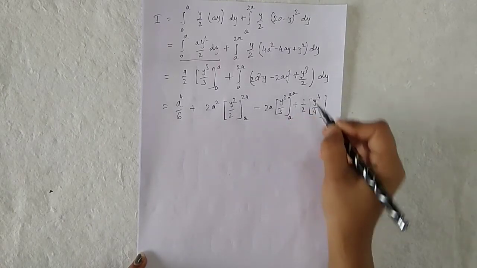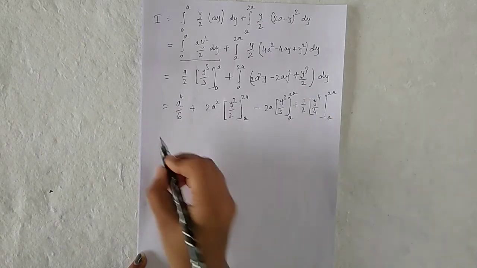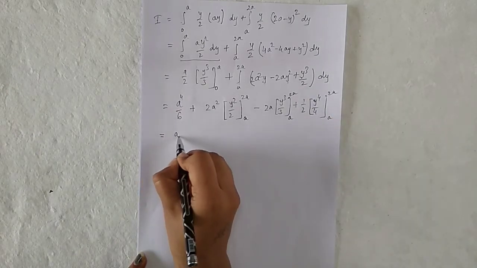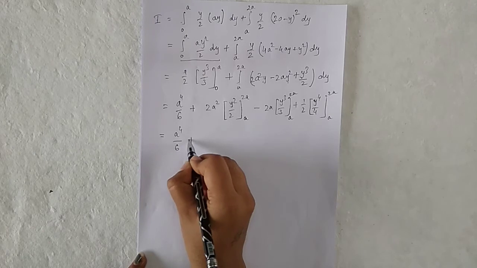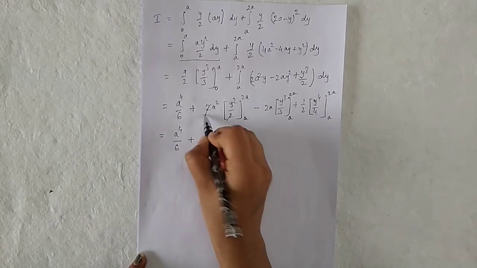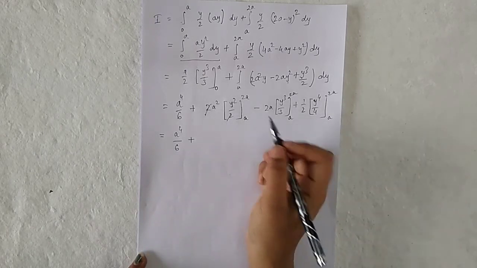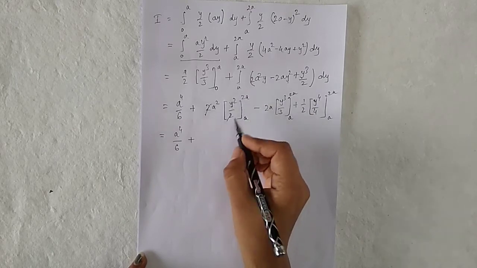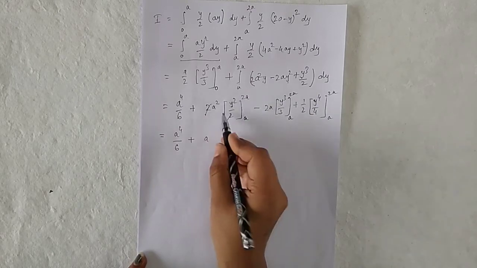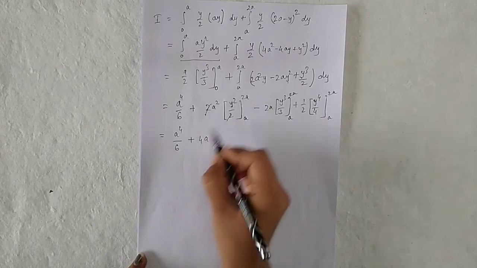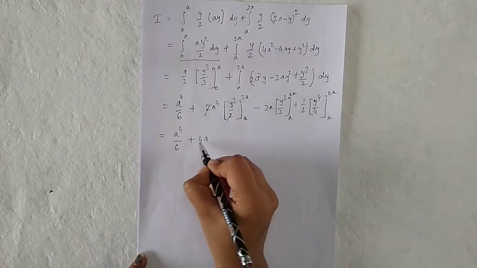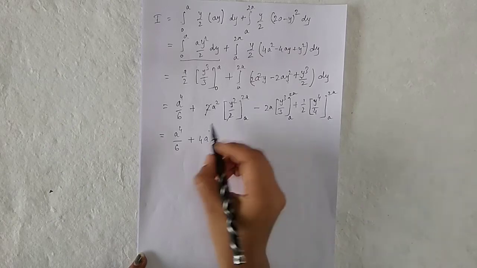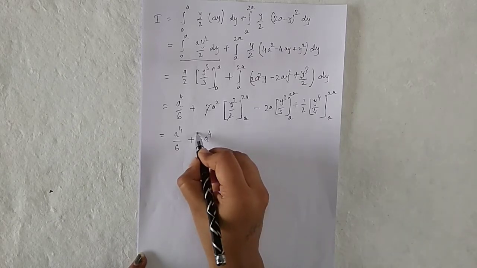Putting the limit a to 2a, it is equal to a raised to 4 by 6 plus, the 2 gets cancelled, here a square, put y is equal to 2a, so 4a square into a square, 4a raised to 4.